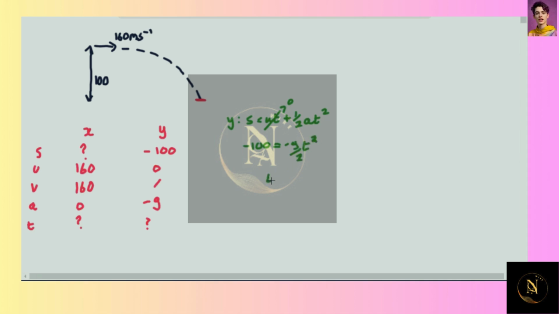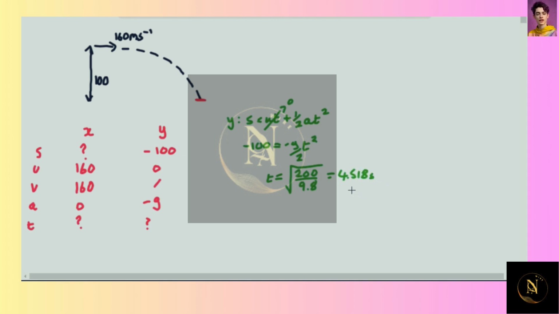So it shouldn't surprise us that t, the time taken to drop, is the square root of 200 divided by 9.8. We cancelled out the negatives and brought the 2 to the other side. Putting this into a calculator, we find a time of 4.518 seconds.